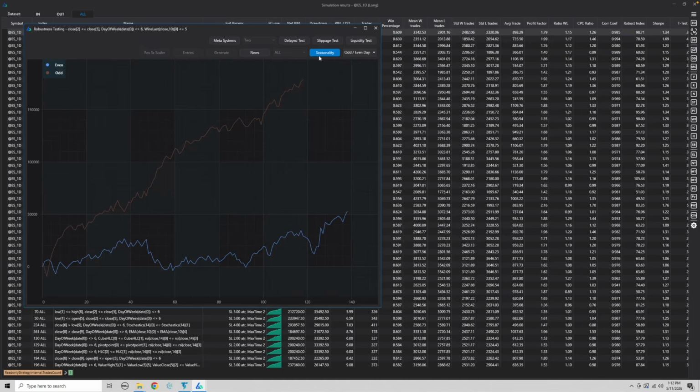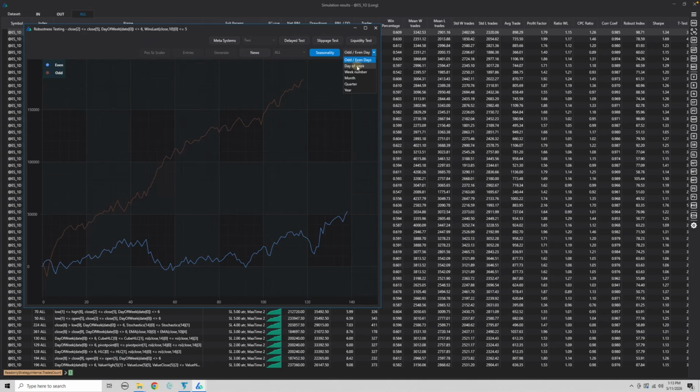Since we're talking about days of the week, we can look at even and odd days. So the blue line here is if it was just taken on even days. It makes some money, it's not horrible, but the bulk of the money, interestingly, happens on odd days. So maybe you want to take advantage of that and code that into your system as well.